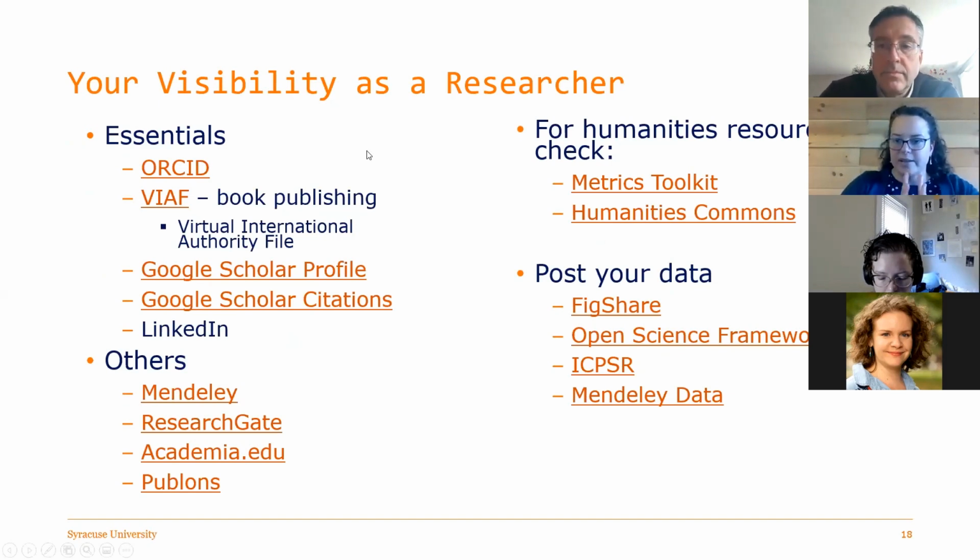So ORCID is super important. ORCID is probably now one of the most common places where you can have a list of your publications. What it is, is basically a digital identifier for you as a person. I actually know that there's another Emily Hart librarian out there.